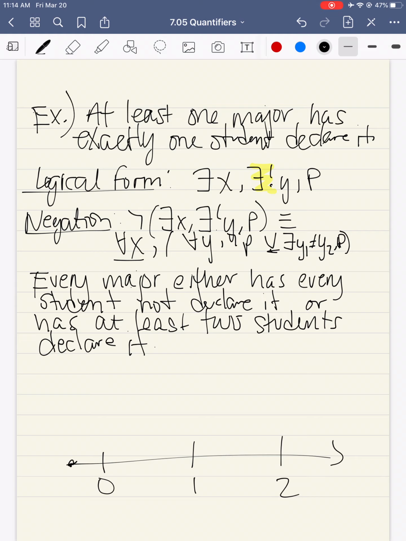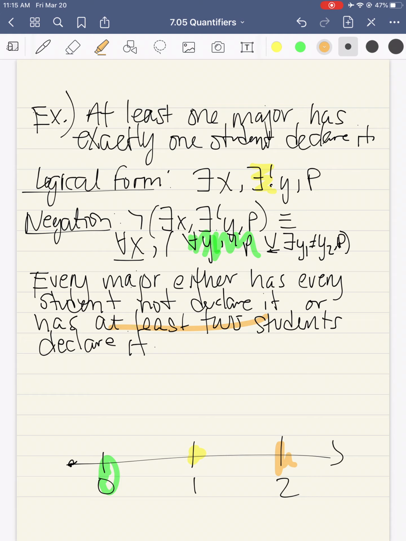So if we're here and we're trying to negate this, we can go in either direction. Either nobody declares it, and that's where we get this first condition, saying that nobody is declaring the major, or we get this spectrum here, where maybe at least 2 students are declaring it.